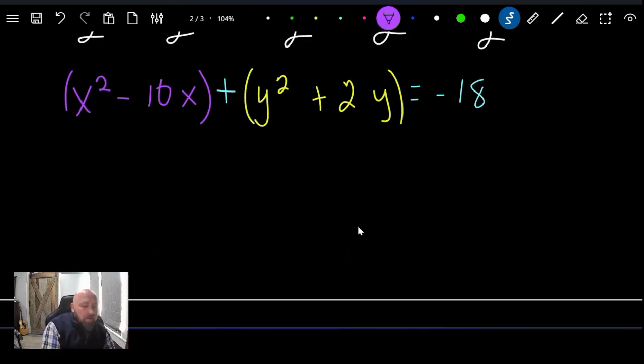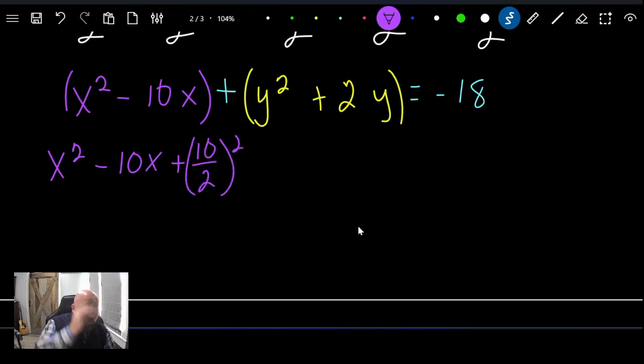The way that I do that, if you remember, is take the linear coefficient, which is 10, cut it in half, and square it. That's all we have to do. X squared minus 10x. I'm going to cut it in half, and then add it to this. So plus 10 divided by 2, and then I need to square it.